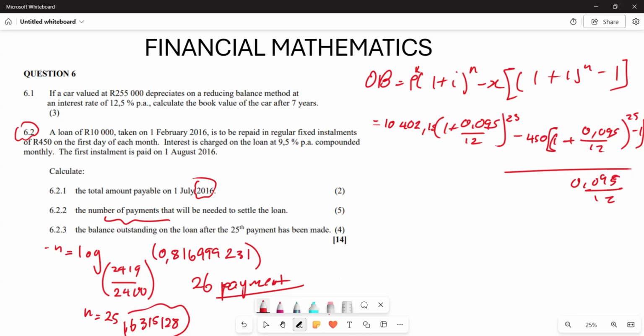So after the outstanding balance formula, what are you going to do now? Let's do it from the first formula.